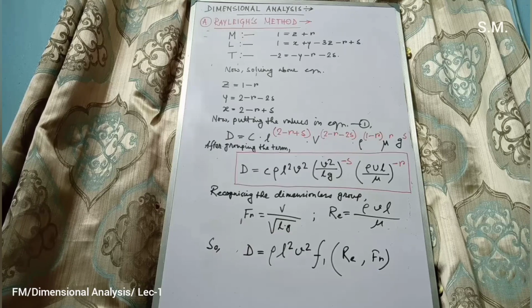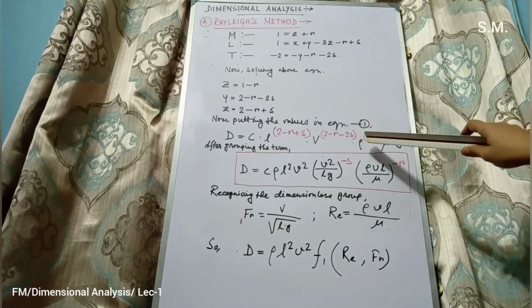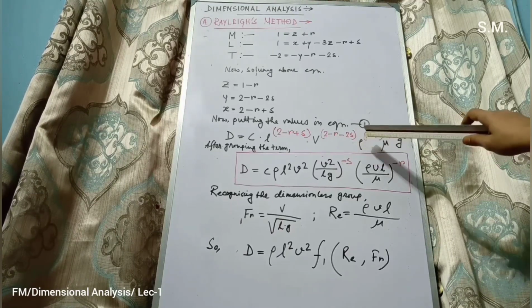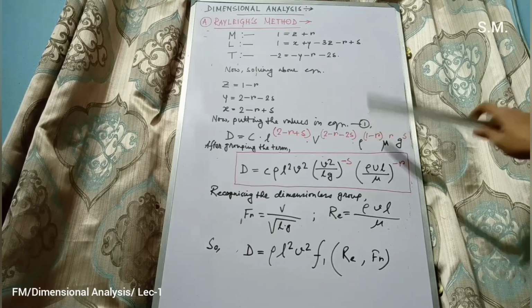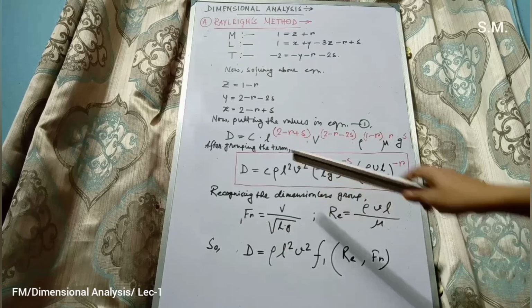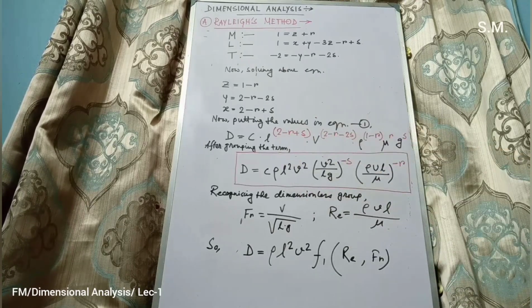So at first we are considering only the numeric power, not the R power or S power. We see that the power of rho is plus 1, so we are putting here rho; the power 1 is not shown.